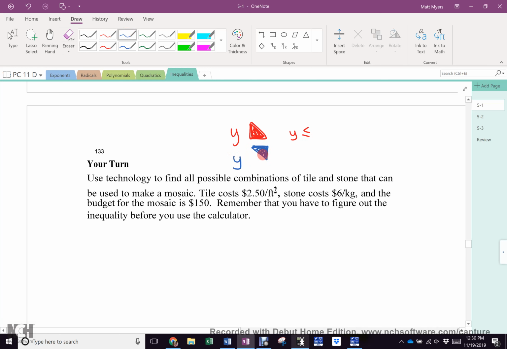Now remember, y is first. That's when this works. So make sure when you're isolating, you keep y on the left. Because if you isolate with y on the right, then what happens to these signs? They've got to change, just like this.